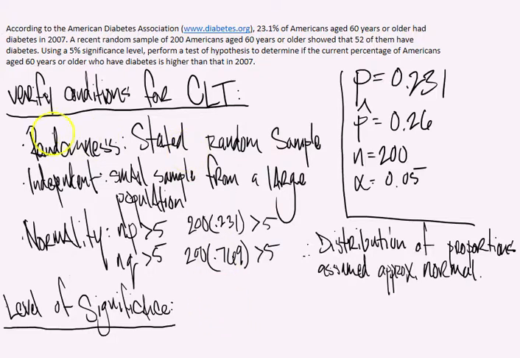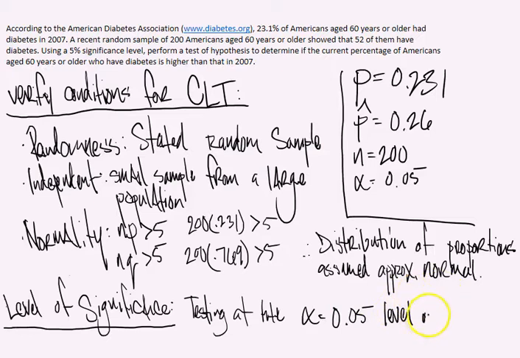This is that value, and it's actually given to me here: 5% level of significance. So we just say that, we would say we're testing at the alpha equals 0.05 level of significance.